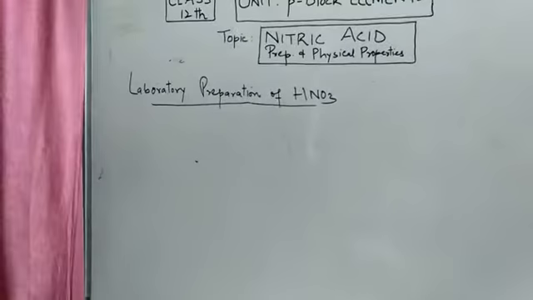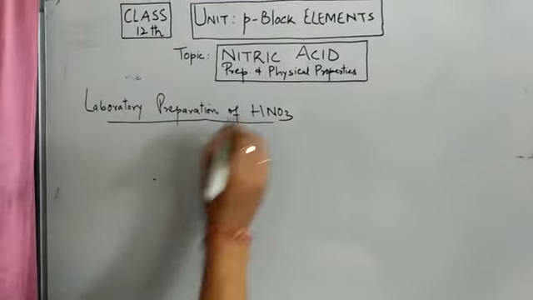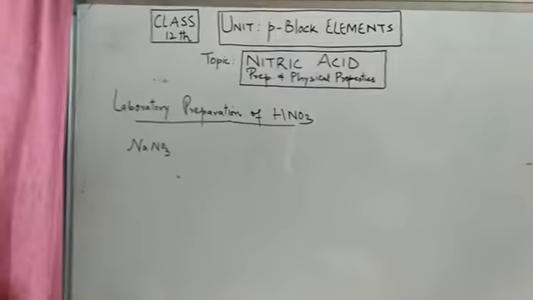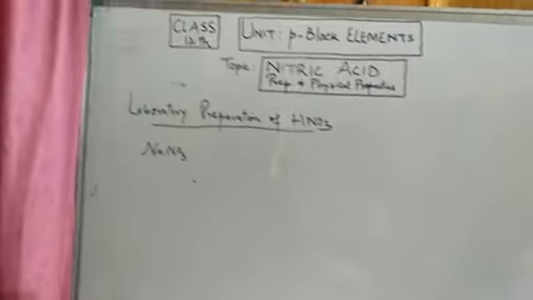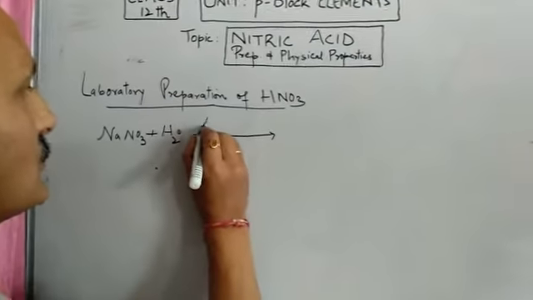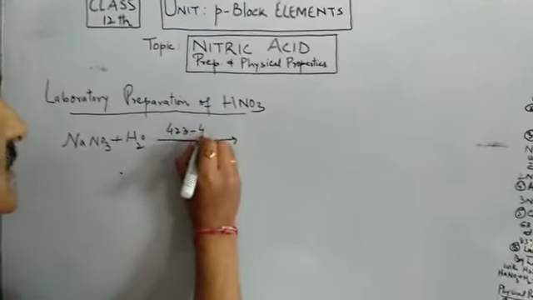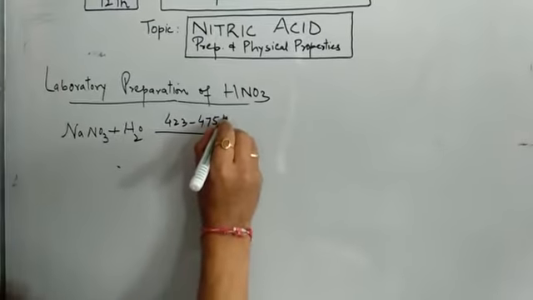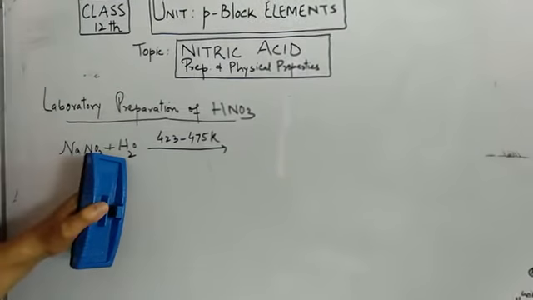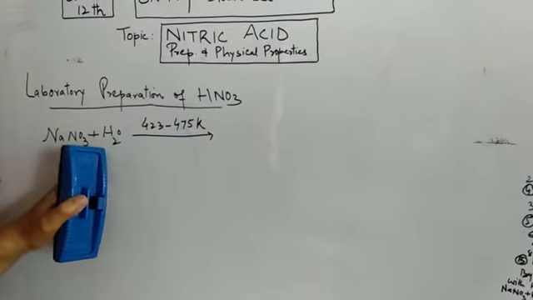In the laboratory, we can obtain nitric acid by taking this salt, that is sodium nitrate, and we take this salt and add water to it, and then we heat it to a temperature of 423 to 475 kelvins.